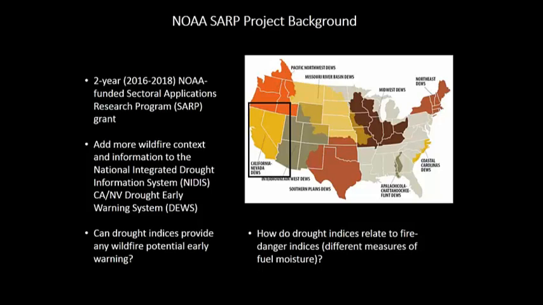And so I'm also part of the team that's developing, integrating Nevada into this DEWS network. And so we're really looking to see if drought information can provide any lead time on wildfire potential, and specifically how the drought indices relate to fire danger indices, and mostly fuel moisture is what we looked at.